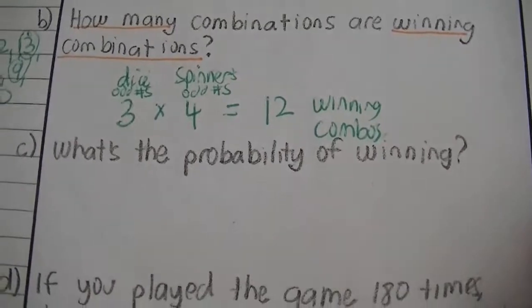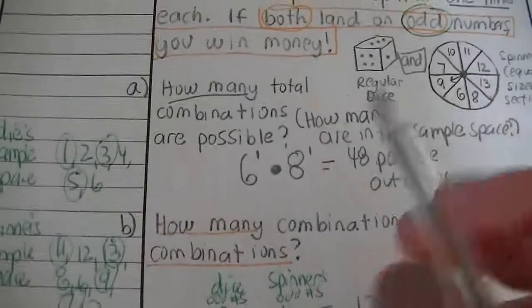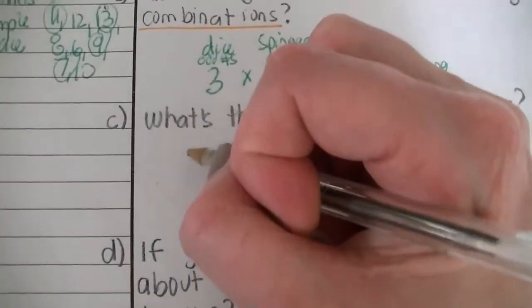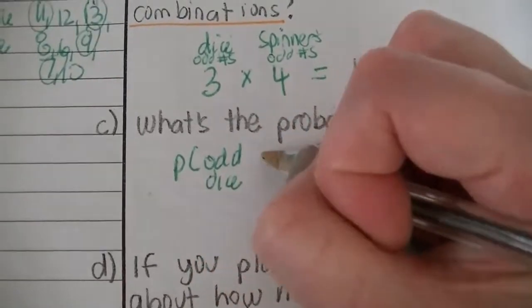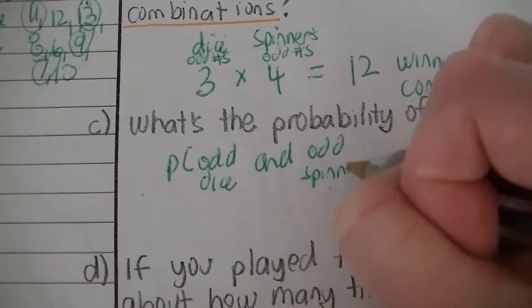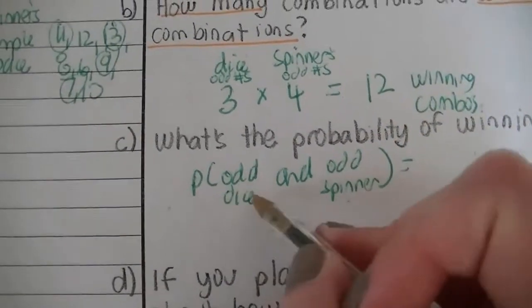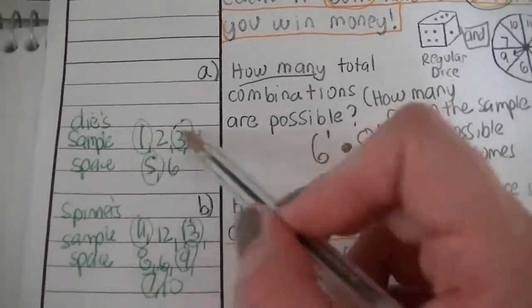Now, what's the probability of winning? What's the chance of winning? To win, you've got to get an odd and an odd. So what's the probability of getting an odd on the die and an odd on the spinner? How many are odd on the die? 1, 2, 3, so 3 out of 6.